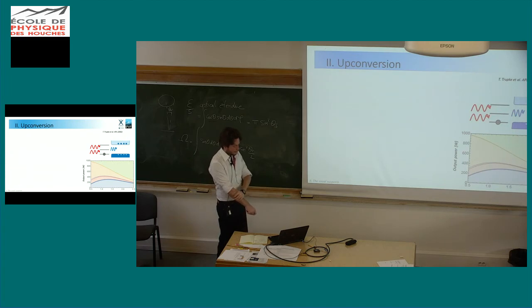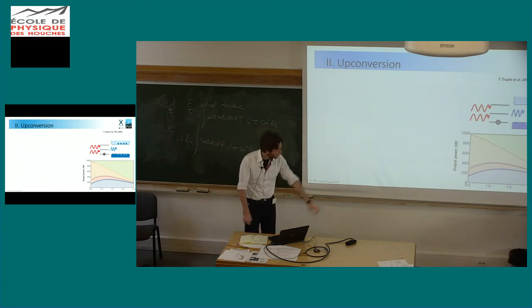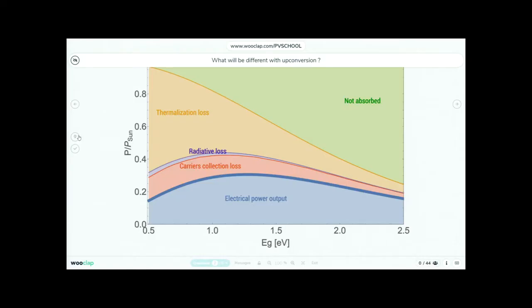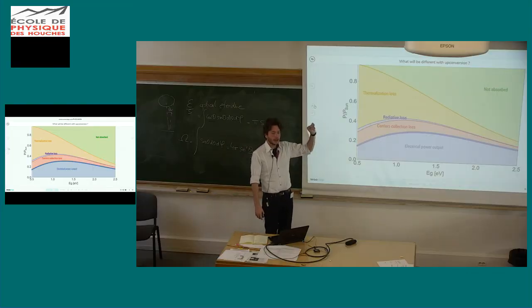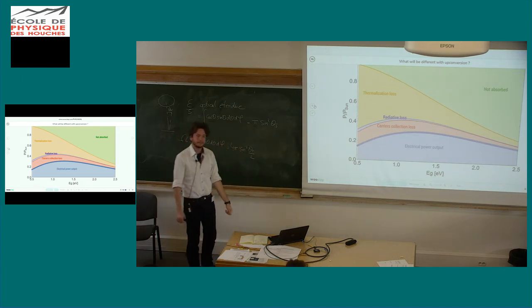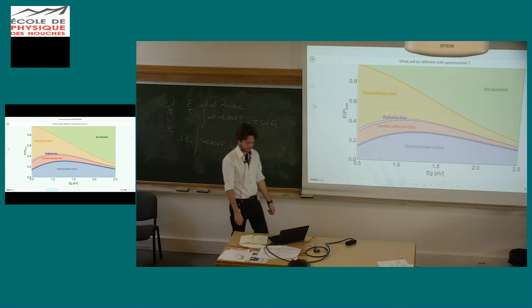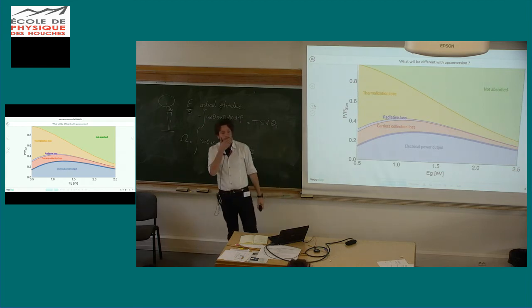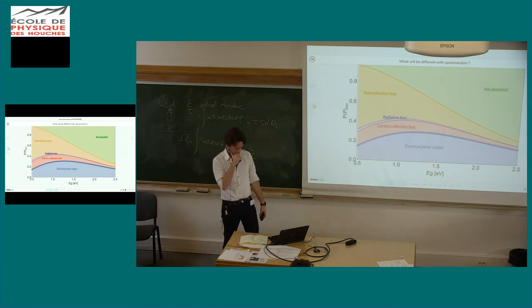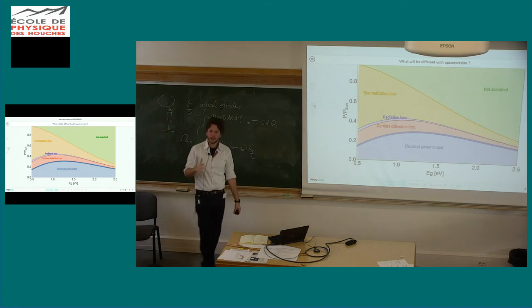So, upconversion. We can play the game again. This here is what you had for the Shockley-Queisser limit. If you do the same graph for an upconverting system, what do you think will be different? What will change this time? So upconversion, remember the previous slide?